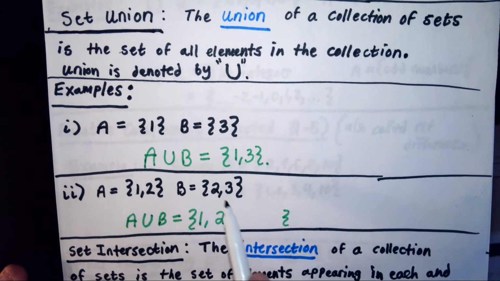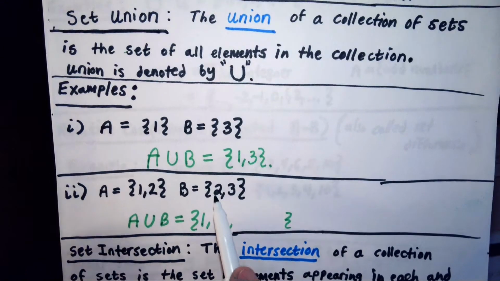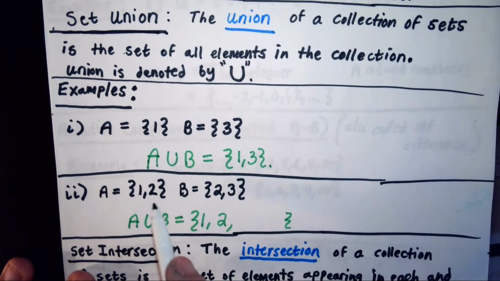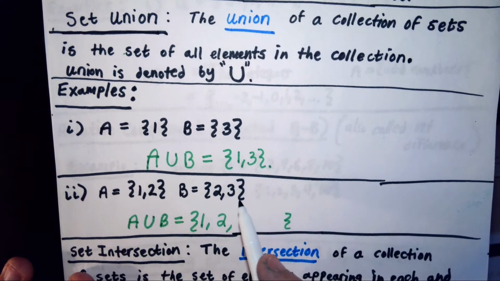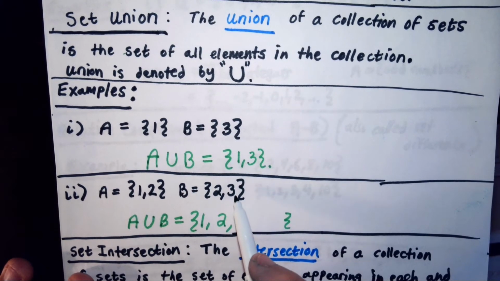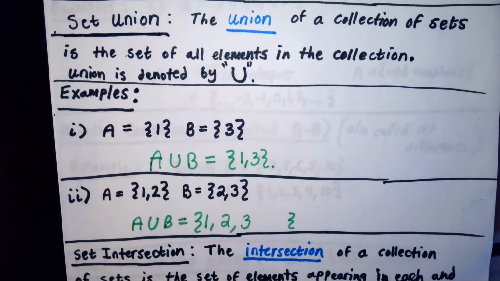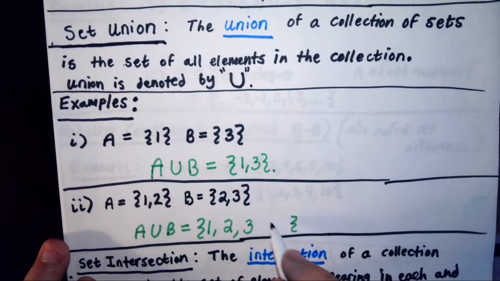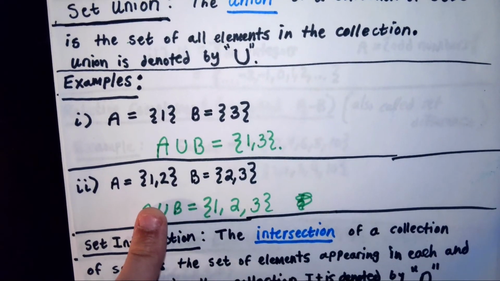But also, we've got 2 here in the set B as well, right? Well, with sets, we don't repeat elements, and also the order doesn't matter. So because 2 appears in each set, we only write it once. We don't write it twice. So lastly, we've got the 1, we've got the 2. The last thing we need is this 3 here, and that will be in the set as well. I left myself a little extra room here, I'll just cross that out. So yeah, that's A union B in that instance.